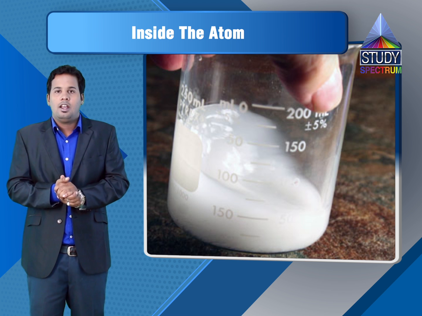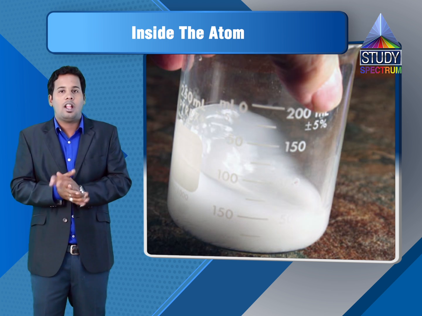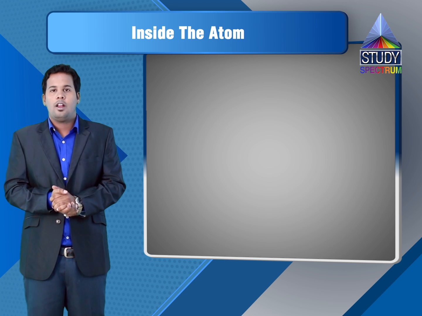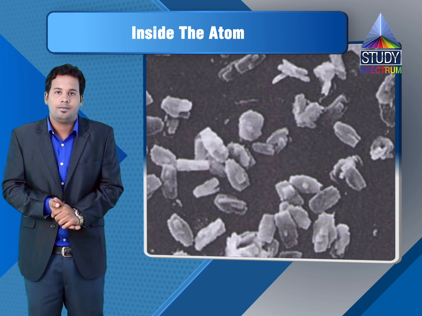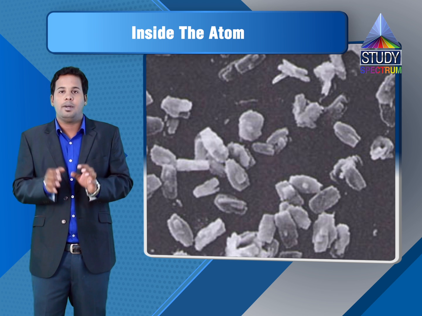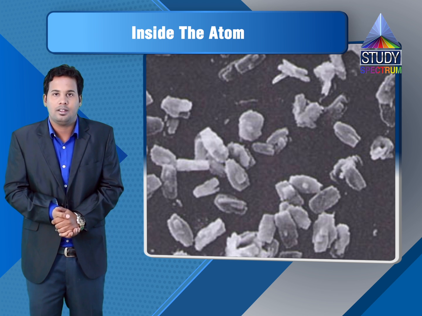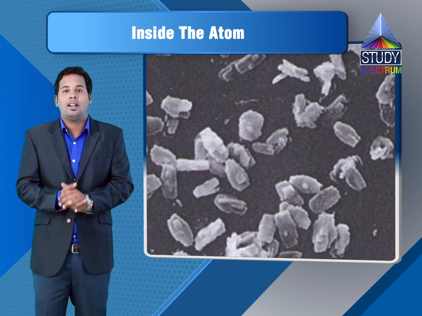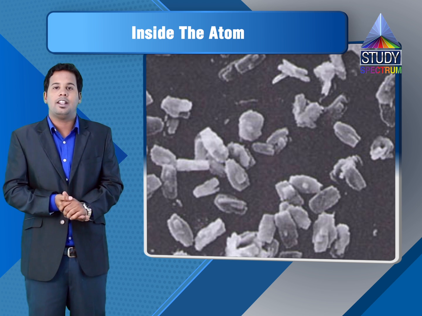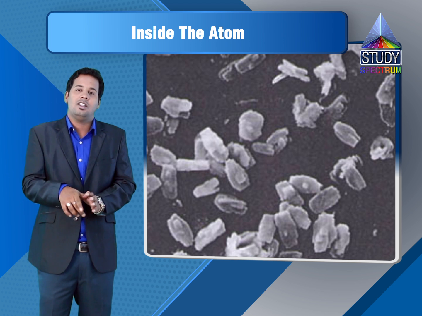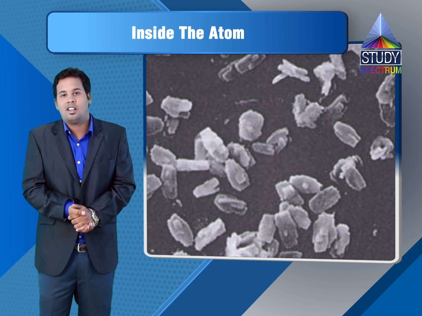But you know that the salt has dissolved in the water. Where did these particles go? These particles of salt are trapped between the molecules of water. This activity explains that matter is not a continuous thing, but is made up of small particles. Now the question arises: how small are these particles?